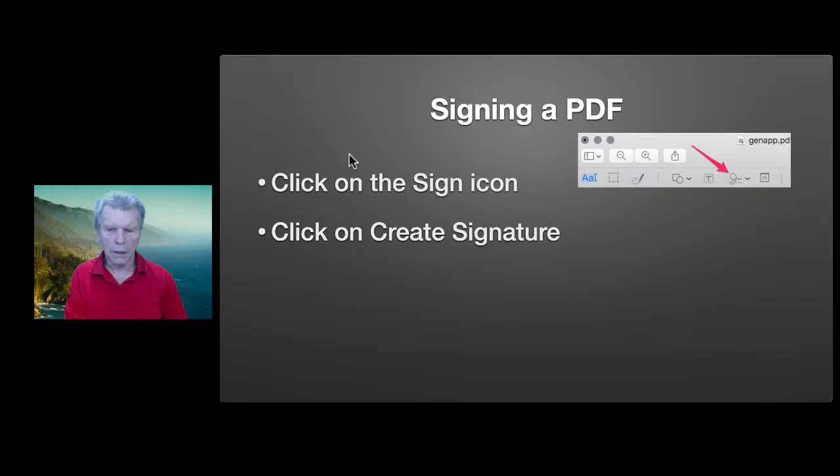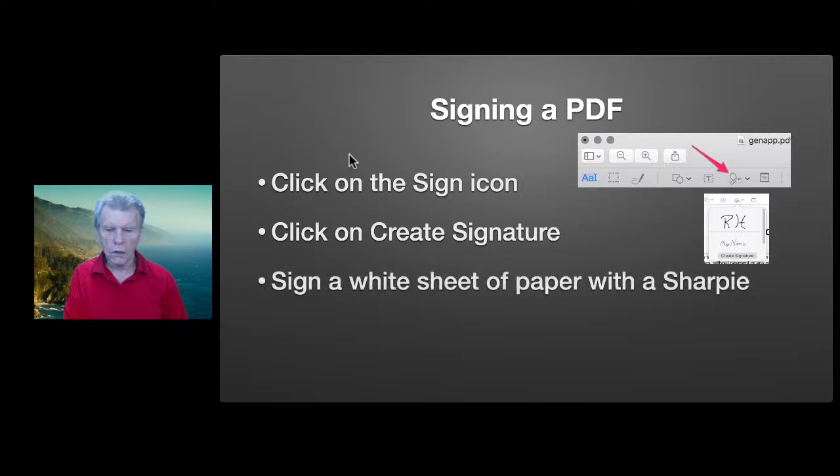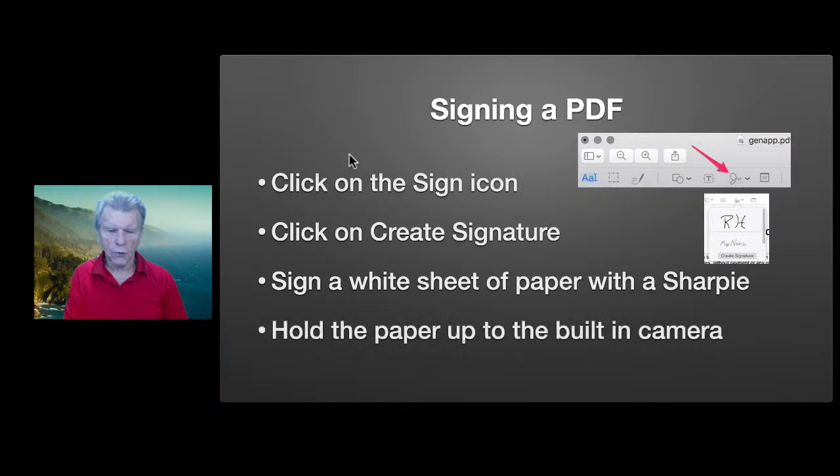And then you would click on Create a Signature. You would get a drop-down menu that looks like this, and at the bottom it says Create a New Signature. So one way of doing this is to sign a white piece of paper with a Sharpie and hold that paper up to the built-in camera.